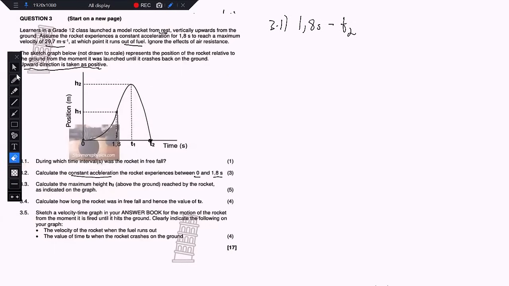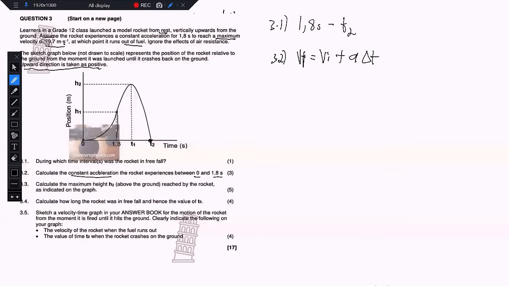So now let's calculate. How are we going to calculate that? We can simply use this formula: V final equals V initial plus a delta t. Now, why this choice of formula? We are given that it reaches a maximum velocity of 29.7 meters per second, right?